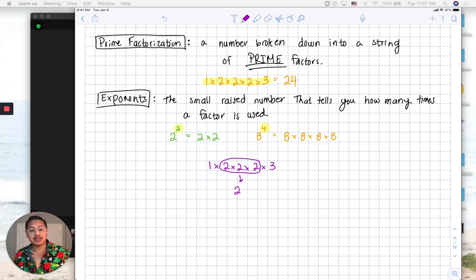And how many times does it repeat? 3 times. There are 3 twos there. So I say 2 to the 3rd power, and then I just bring everything else down. So I have 1 times 2 to the 3rd power times 3. Just another way to rewrite the prime factorization. Okay, we'll get more practice with this, I promise.